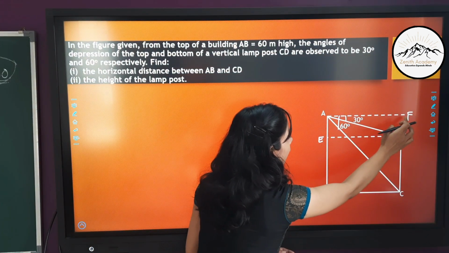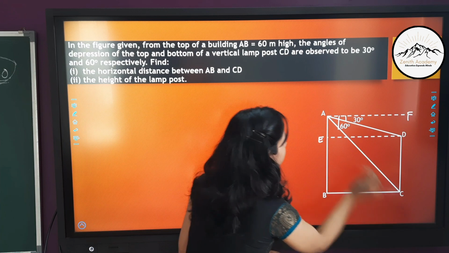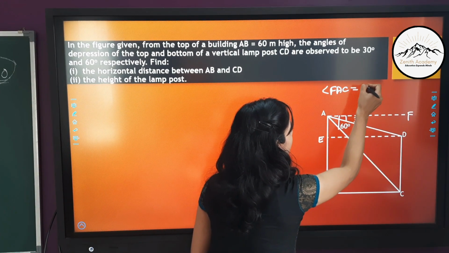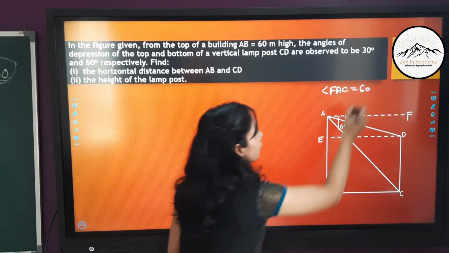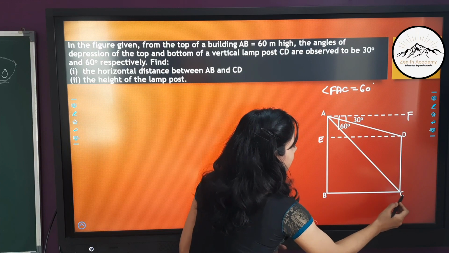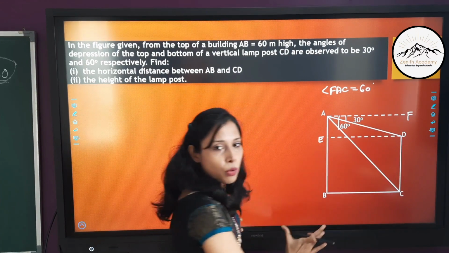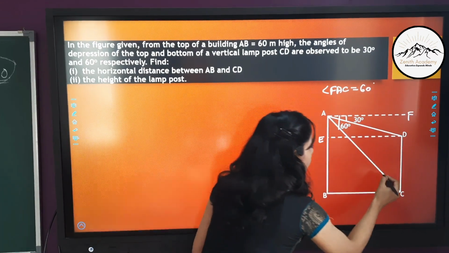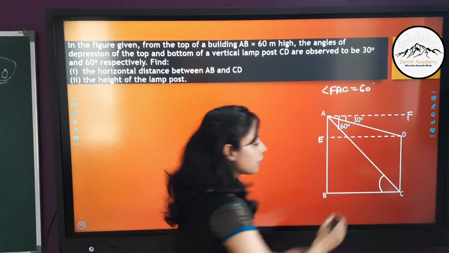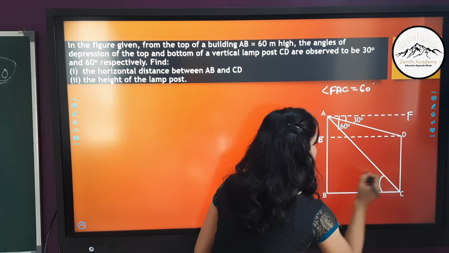This whole angle FAC is equal to 60 degrees. So if this is 60 degrees and AF and BC both are horizontals, so what will be its interior alternate angle? This angle. So this will be angle of elevation.